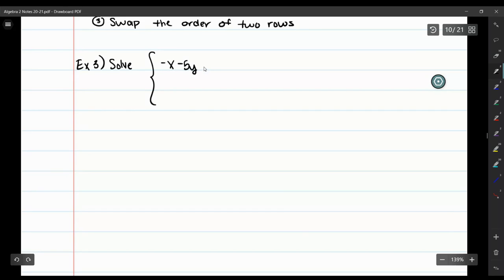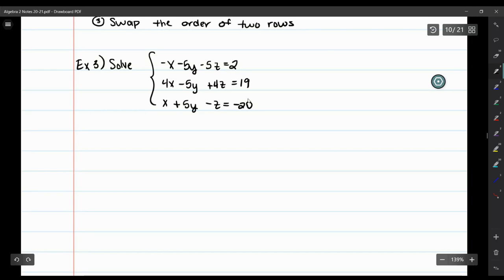Negative x minus 5y minus 5z equals 2. 4x minus 5y plus 4z equals 19. And we have x plus 5y minus z equals negative 20.